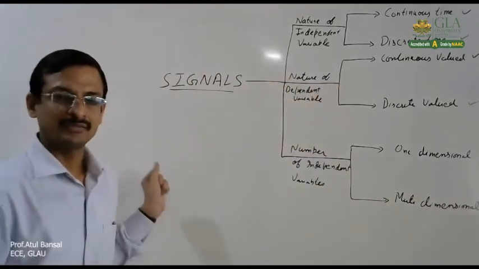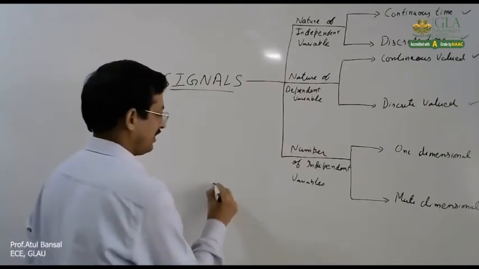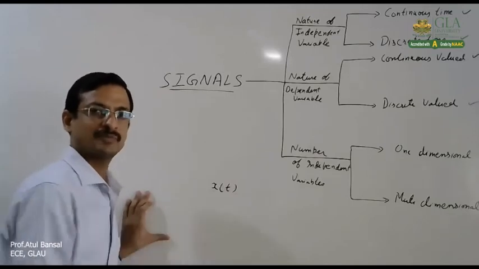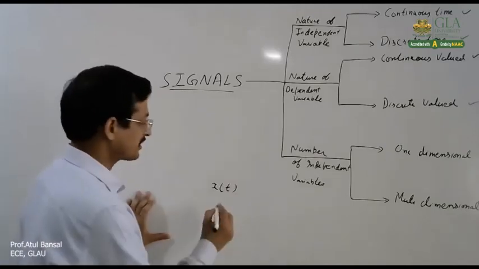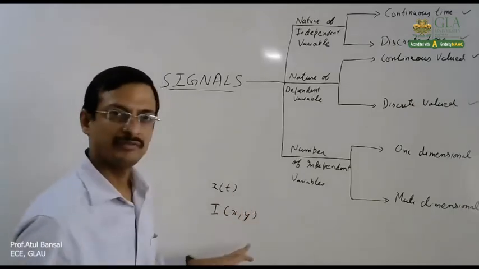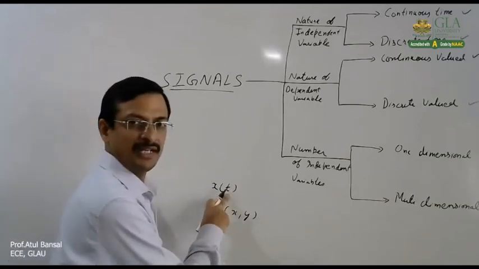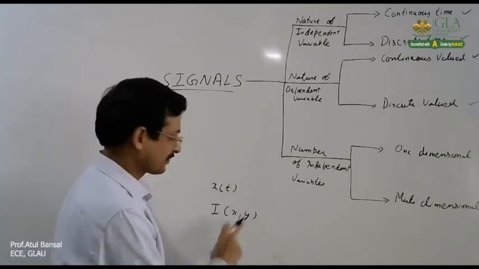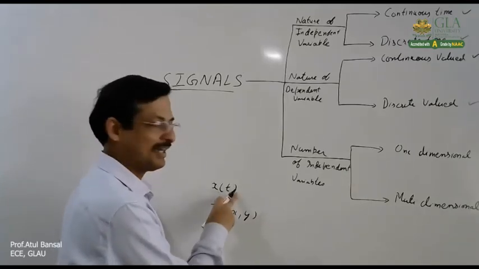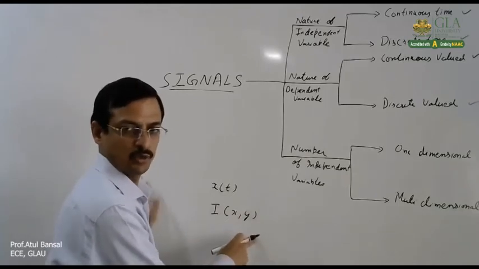What do we mean by this? Earlier we discussed the speech signal x, a function of time t, where acoustic pressure was varying with respect to time t. And we discussed another signal, image, which was varying with respect to spatial coordinates x and y. Here the independent variable is only one, time t. Here we have two independent variables, the x coordinate and the y coordinate. So this is a one-dimensional signal and this is a multi-dimensional, or two-dimensional, signal.